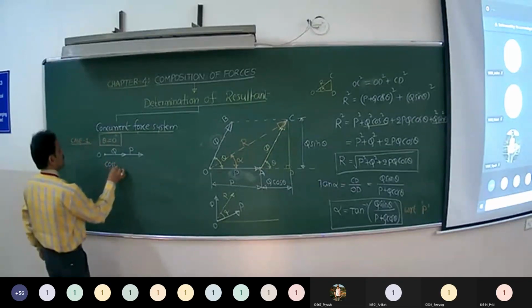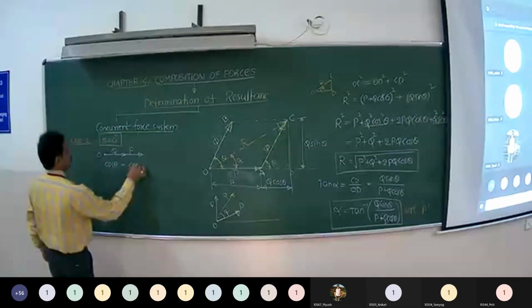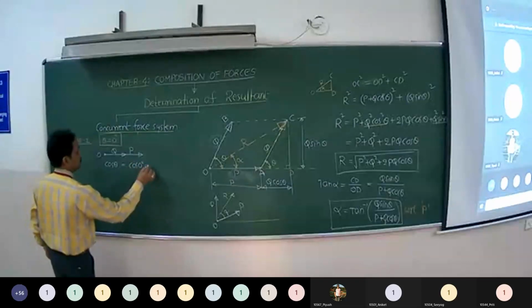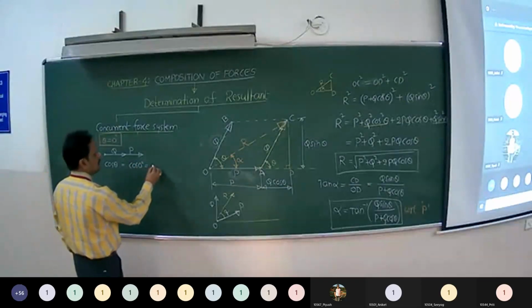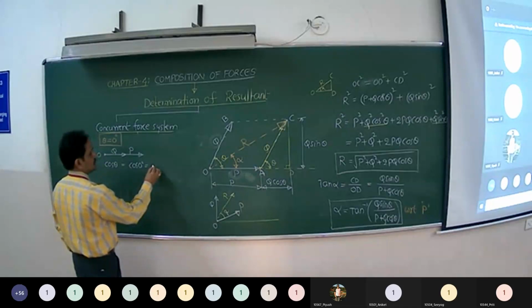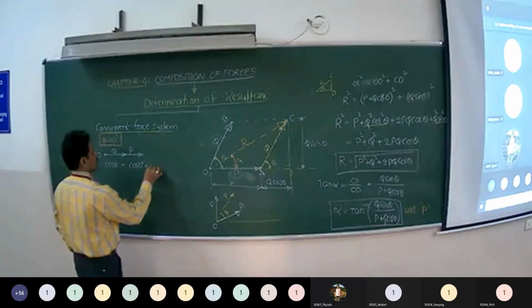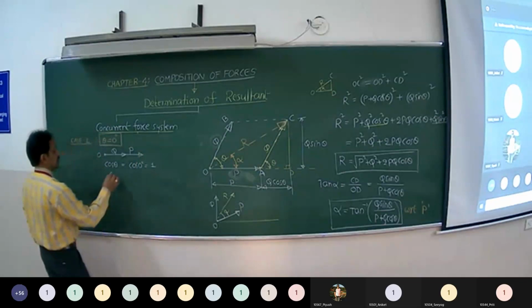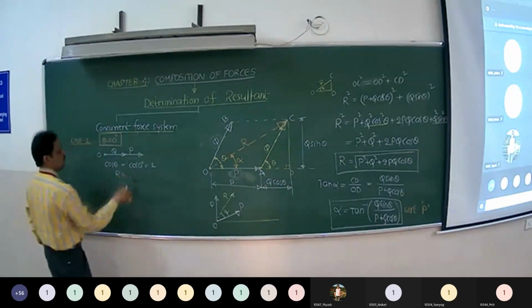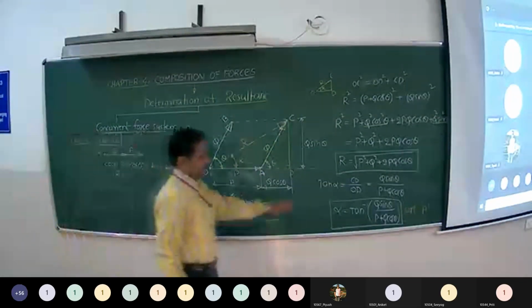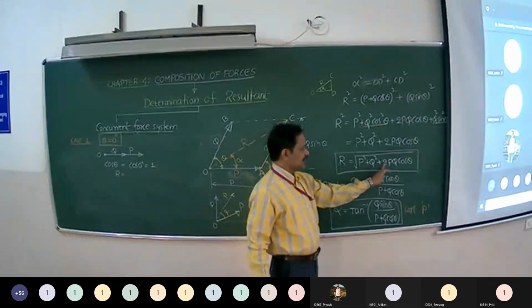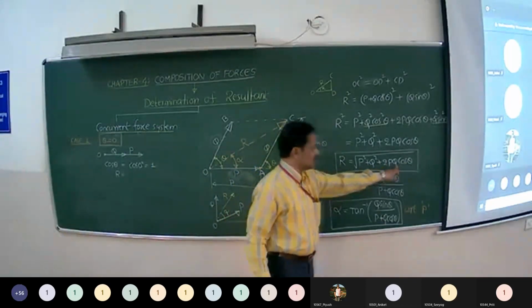Now what is cos theta? That is cos 0. Yes? 1. So the magnitude of resultant R is equal to square root of P square plus Q square plus 2PQ cos theta. Cos theta is 1.